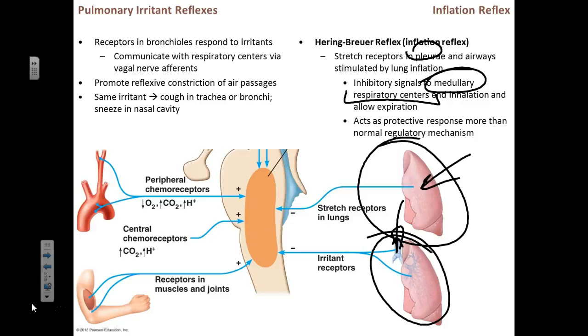So in order not to mechanically damage the lungs, which have a very fine structure, and respiratory passages, the Hering-Breuer reflex allows you to stop inhaling when lungs are stretched enough. That makes sense? It's essentially a safety switch that responds to the lung stretch.